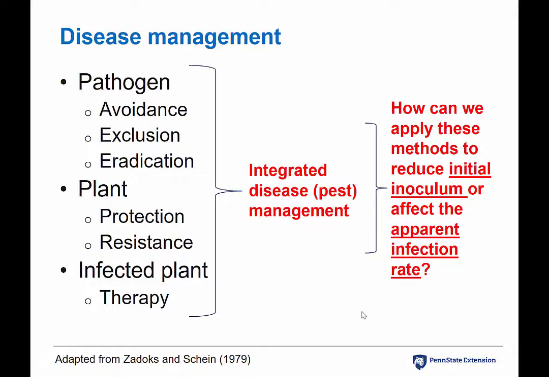Then I can focus on what I do in plant. Do I put in a resistant hybrid, resistant variety? What am I targeting? How do I interpret some of that information? Can I do other things, seed treatments that protect the roots, little things like that? And finally, the therapy here is once I have the infection, what are my options for spraying?